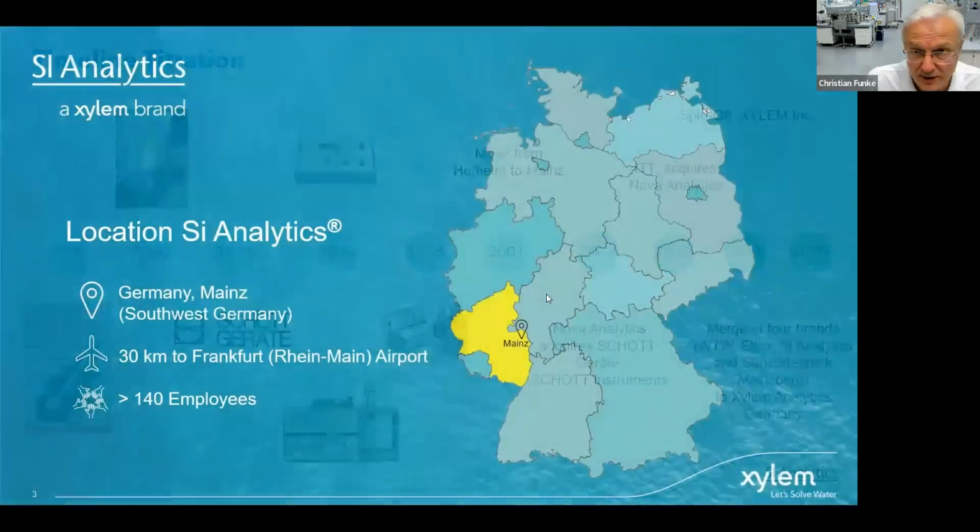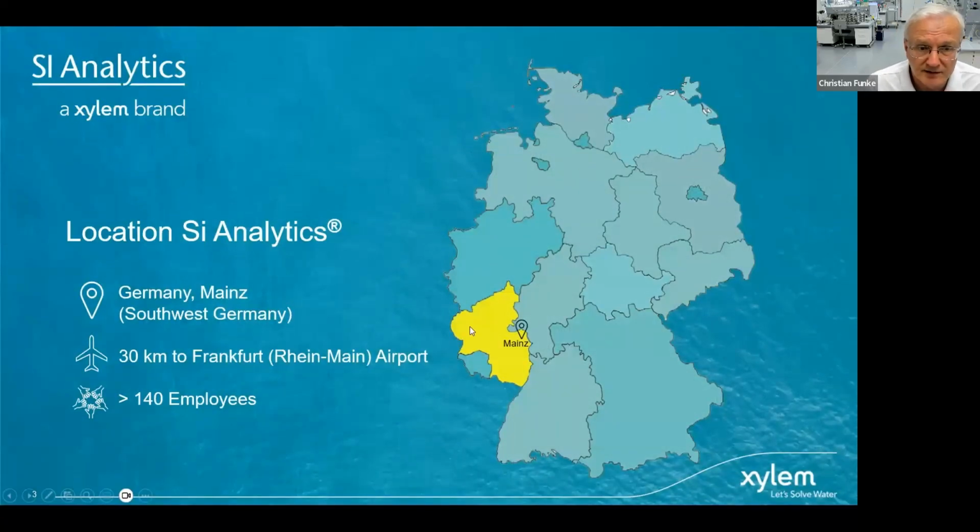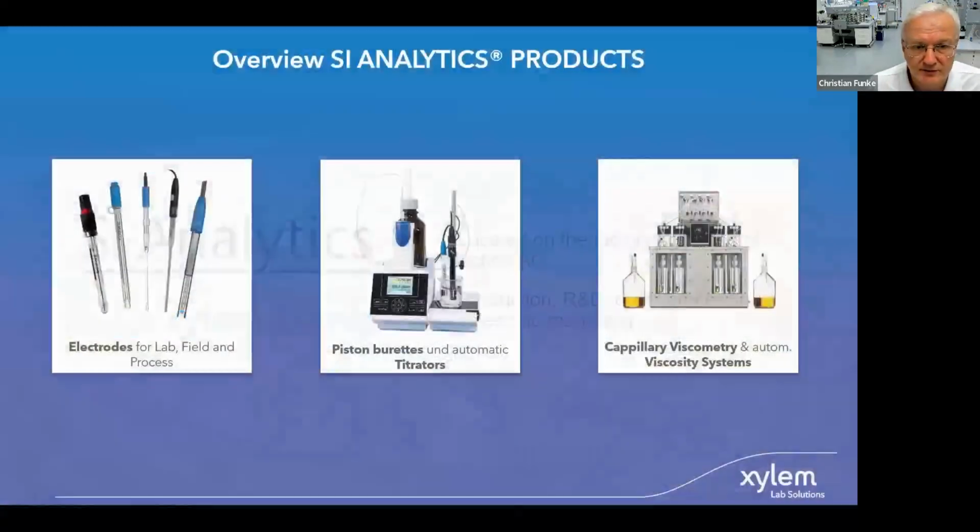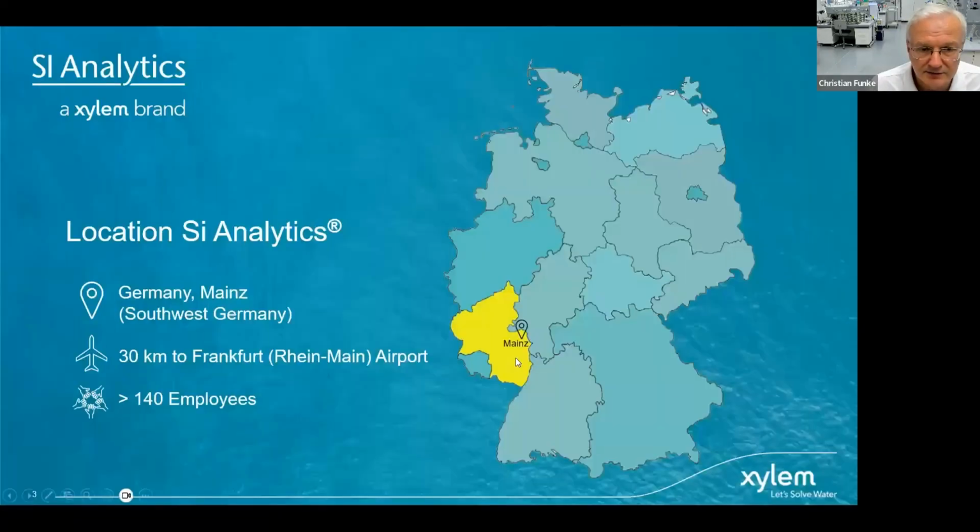And our site is in Mainz, which is more or less in the southwest of Germany. It's close to the Frankfurt Rhein-Main airport, so it's very easy to access. We have approximately 140 employees on this site.